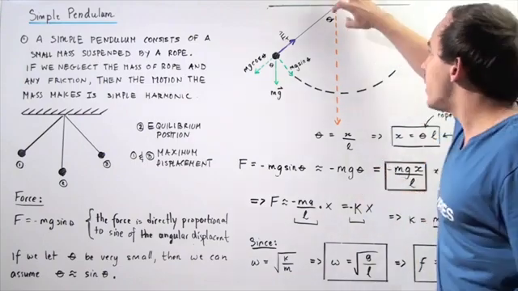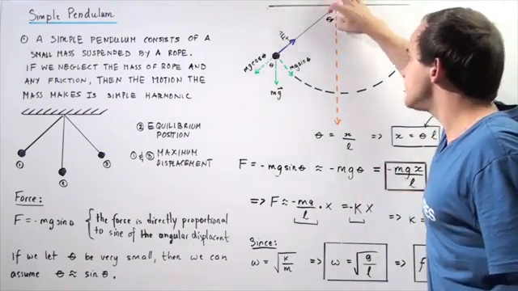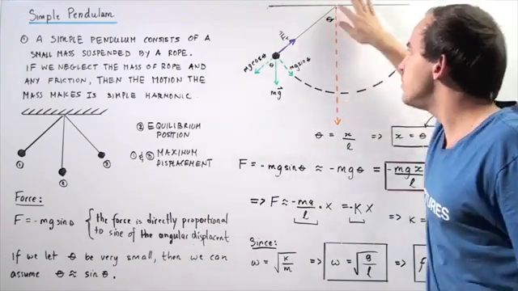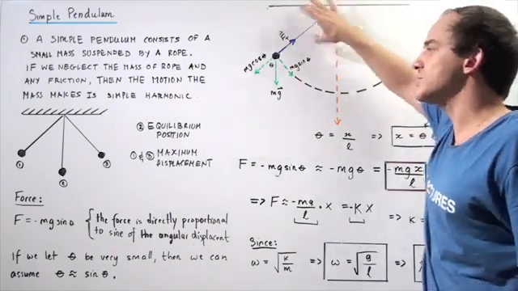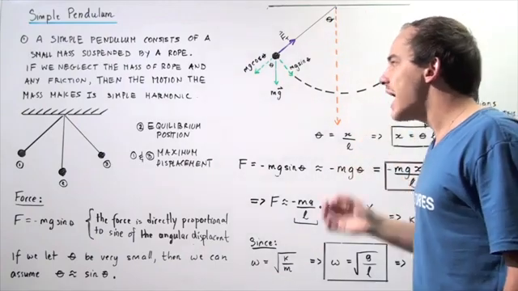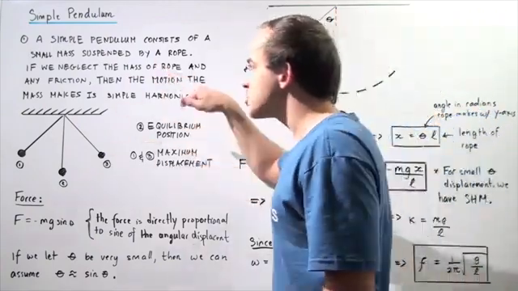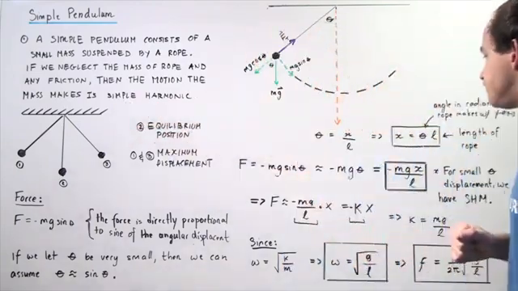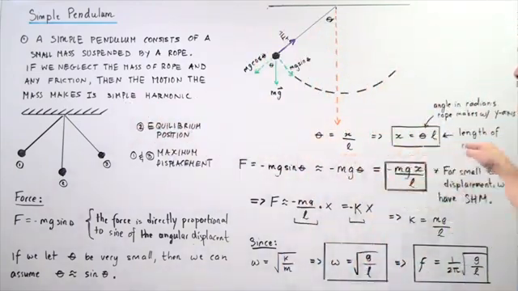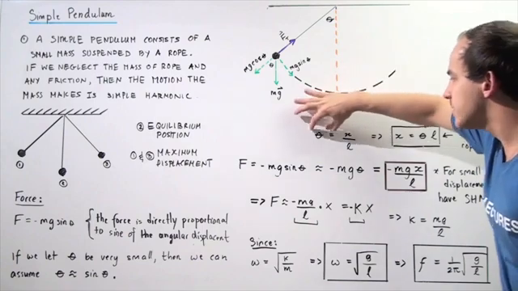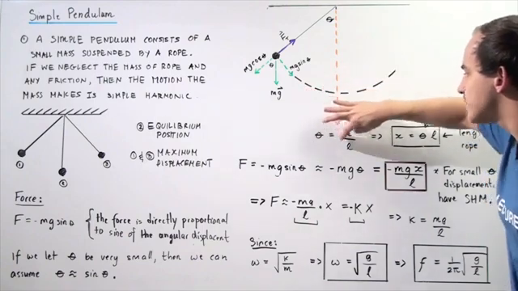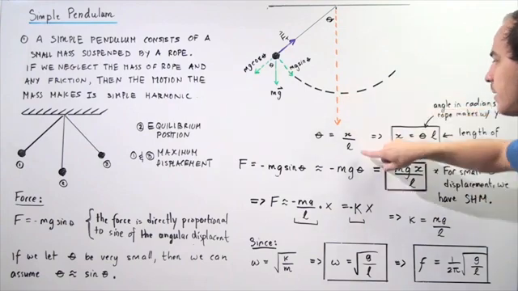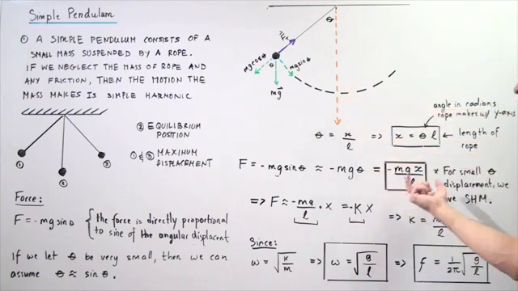So that means when the angle is assumed to be small, when there is no friction, and when the mass of our cord is assumed to be zero, then our object, our simple swinging pendulum, is undergoing simple harmonic motion. Now, notice from this result, because our angular displacement is equal to x divided by L, we can replace our theta with x divided by L, and we get the following result.